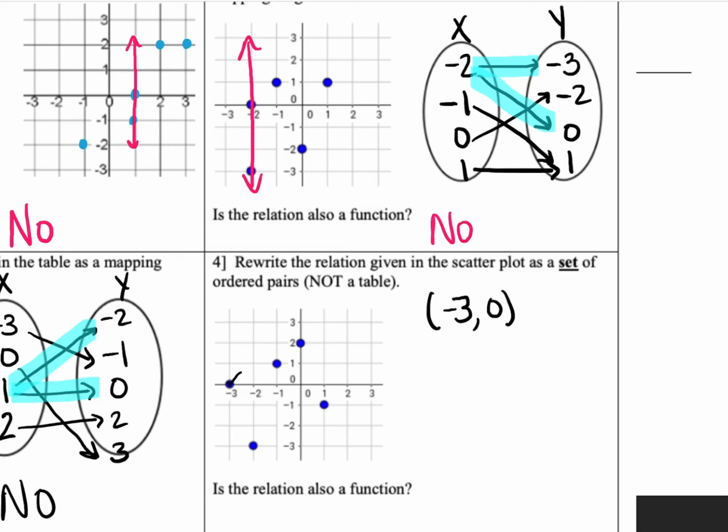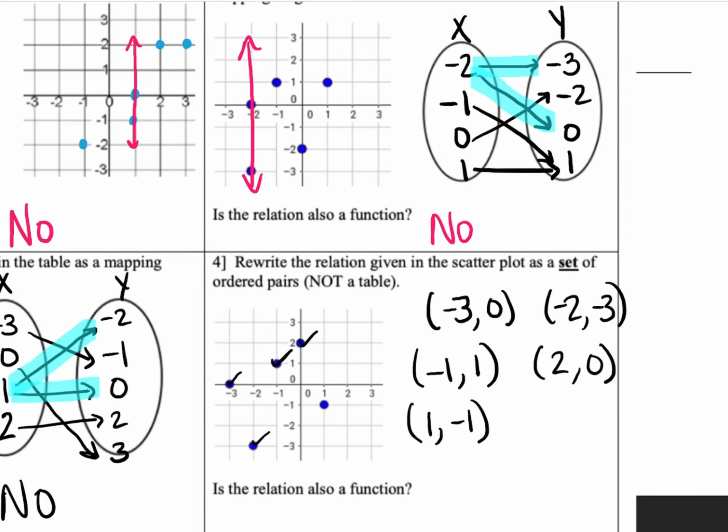Then we have -2, -3, -1, +1, 2, 0, and 1, -1. This is a function because we have no x values that repeat, and if we look at our scatter plot, we can draw a vertical line and it would only hit a point once.